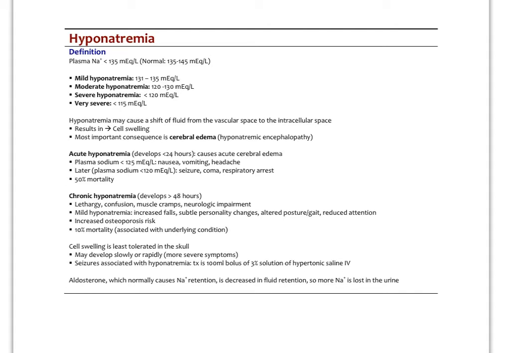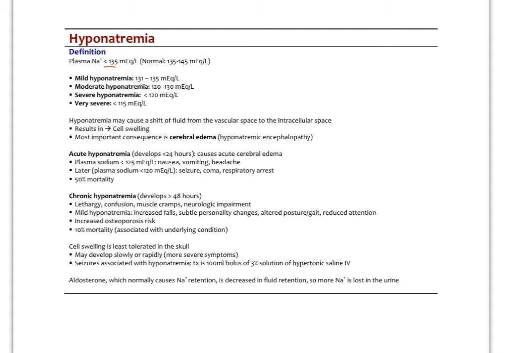Hyponatremia is when we're under 135. In mild hyponatremia, we're at 131 to 135. Usually we're not too concerned about that, but we might start looking at why that's the case. Moderate would be 120 to 130. Severe would be under 120, and very severe, which can be life-threatening or even fatal, would be less than 115.